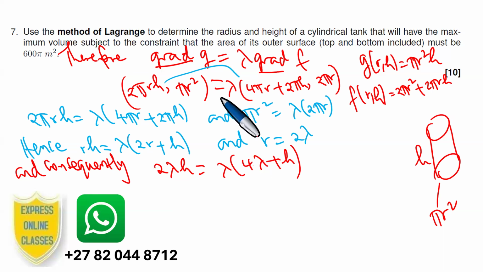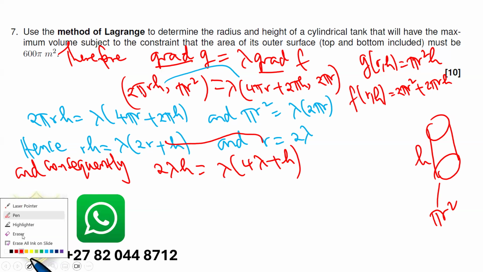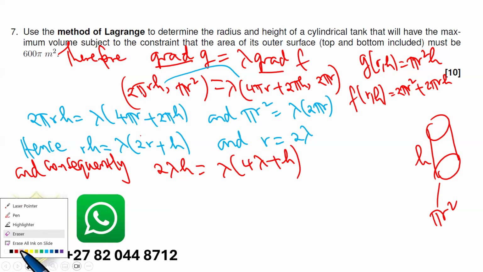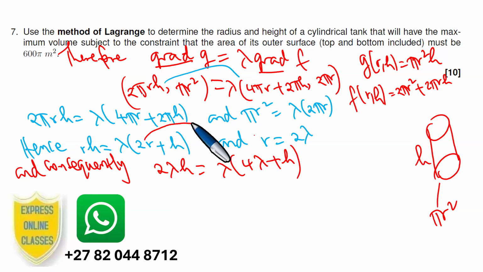So we have put this r in 2 places. Think about this, by substitution.